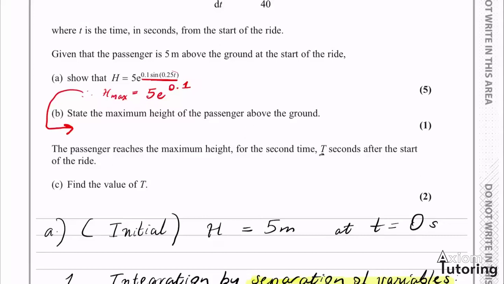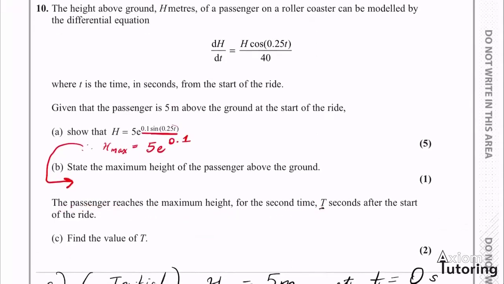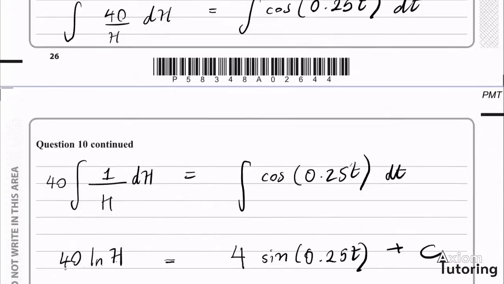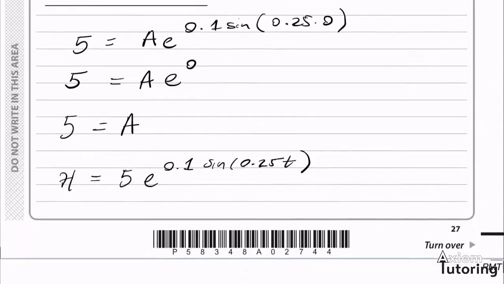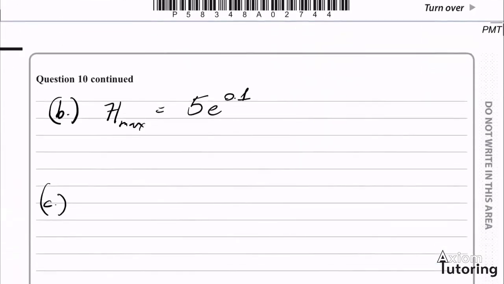If we finish off part C now for question 10, we're told that the passenger reaches the maximum height for the second time, t seconds after the start of the ride, and we want to find the value of t. So capital T represents the second time at which the maximum height is reached.